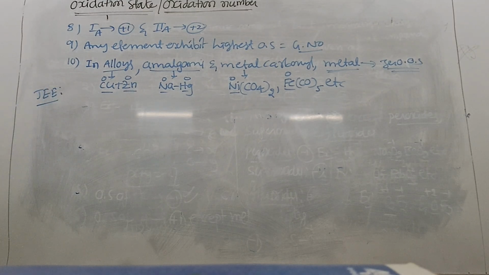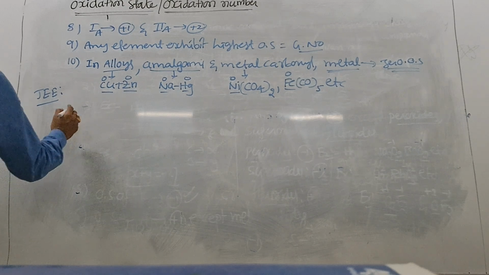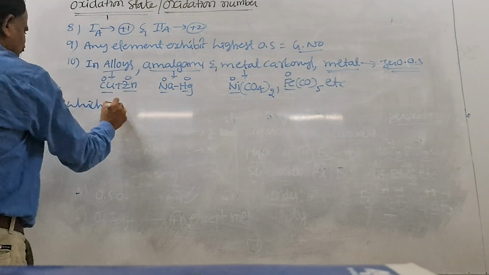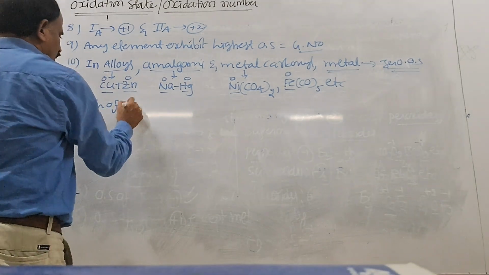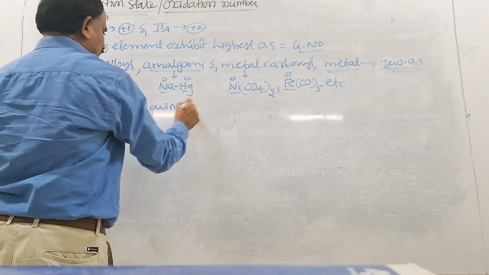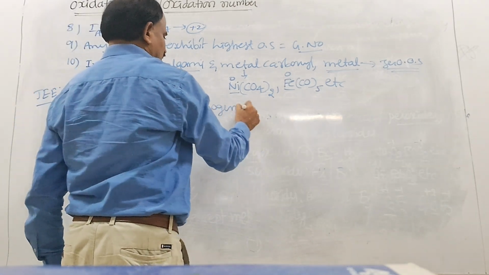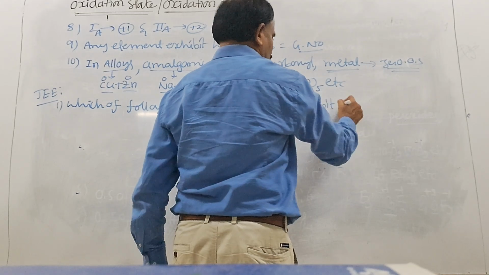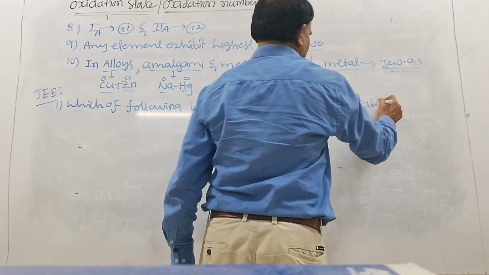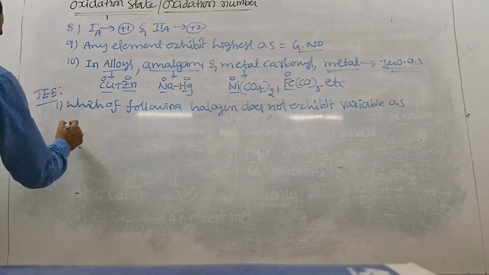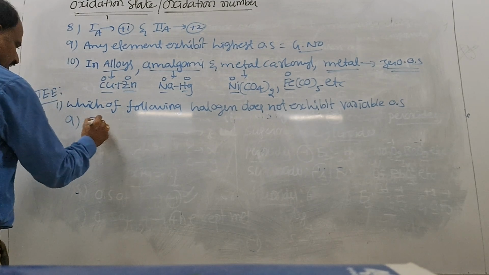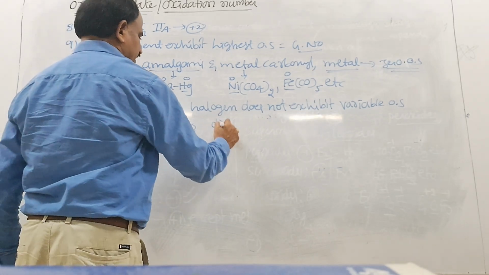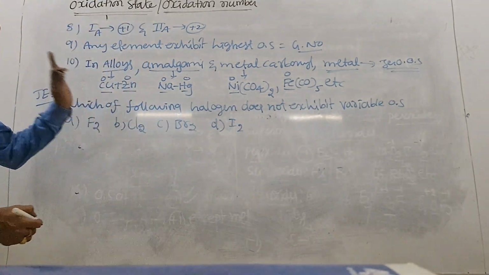In a previous JEE exam they asked: which of the following halogens does not exhibit variable oxidation state? Options: A fluorine, B chlorine, C bromine, D iodine. Easy, that is the question.